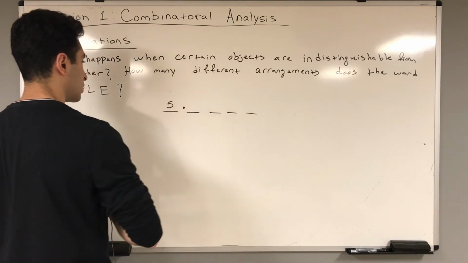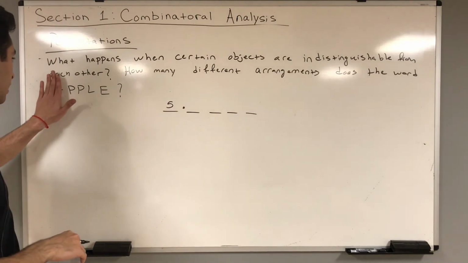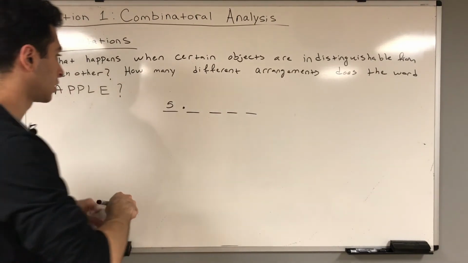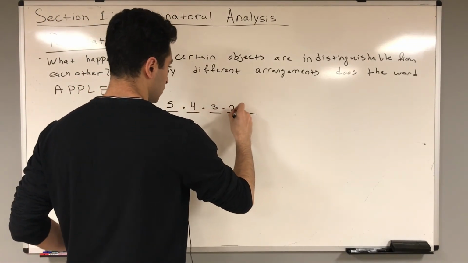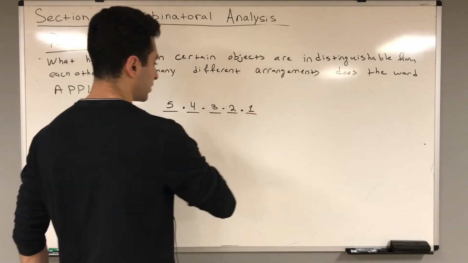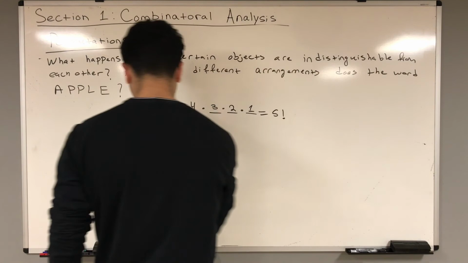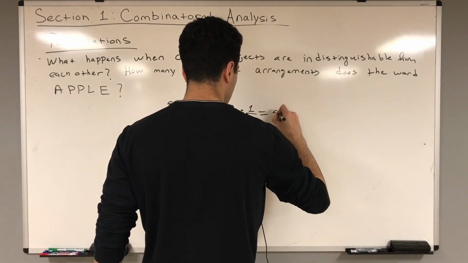That's my first experiment. I choose one out of the 5 letters I have. Once I've chosen a letter, I have 4 different objects to choose from. So that's 4 times 3 times 2 times 1. Oh, but this is just 5 factorial. And we would be done. That's it, because that's what we have been doing this whole time.